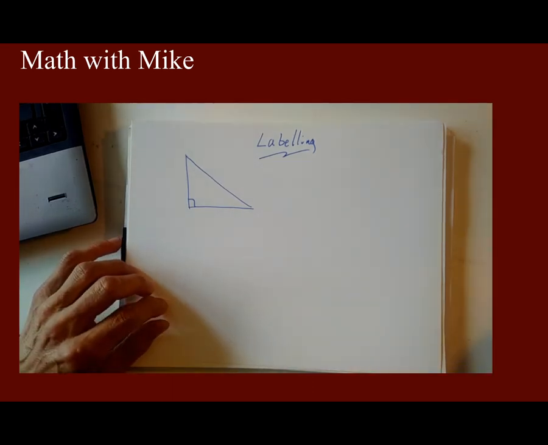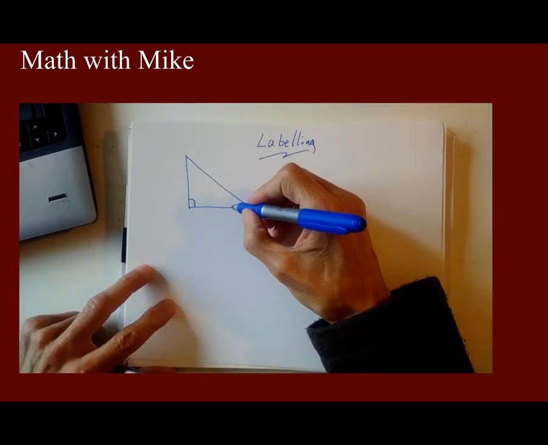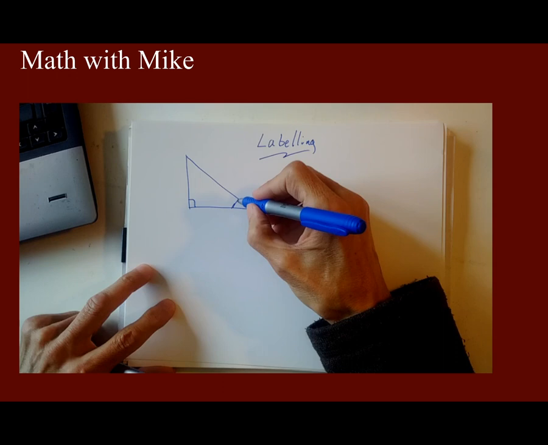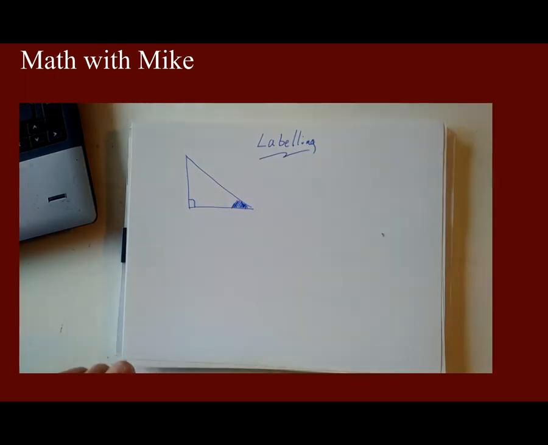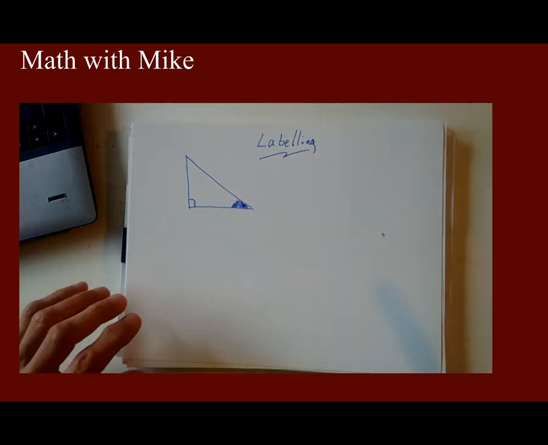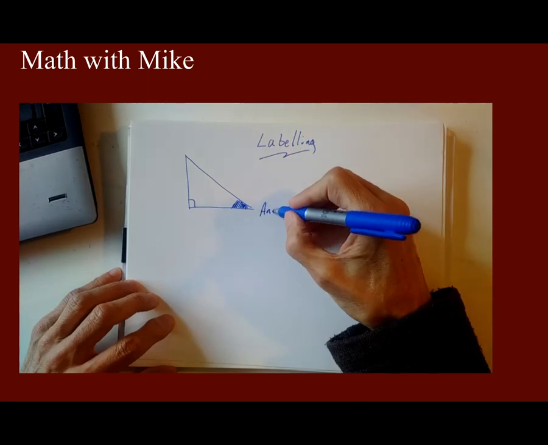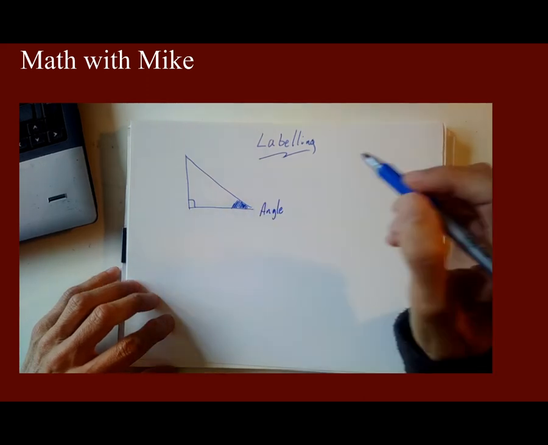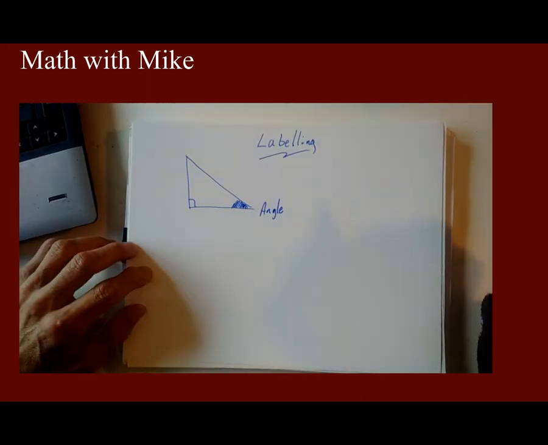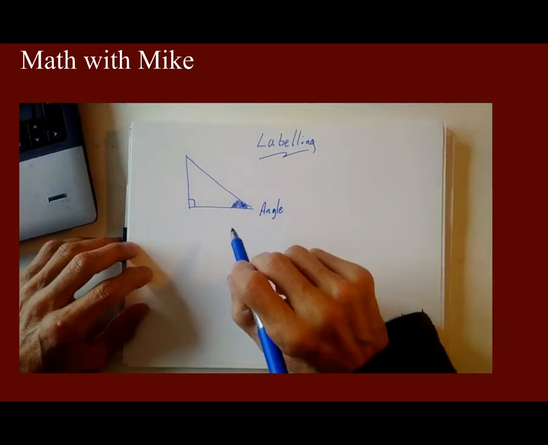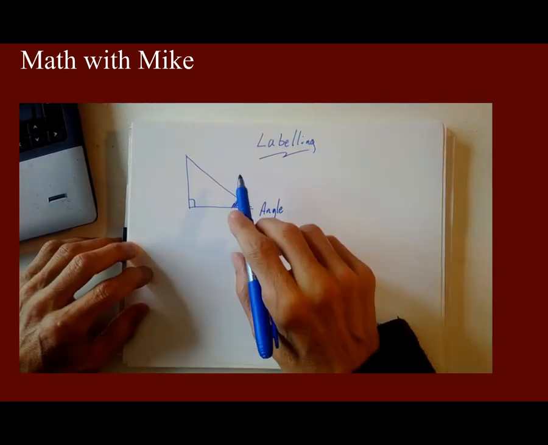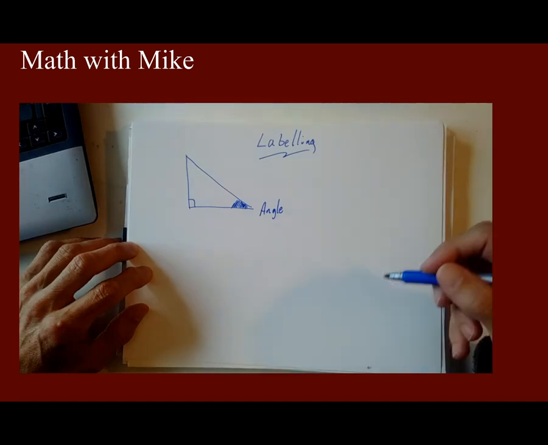Now, in the question there's going to be an angle of some sort that we are given info about, or else we've got to find. The location of this angle is very important because that is going to affect how we label the sides of the triangle.